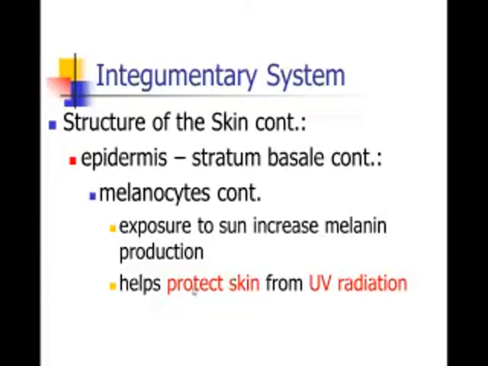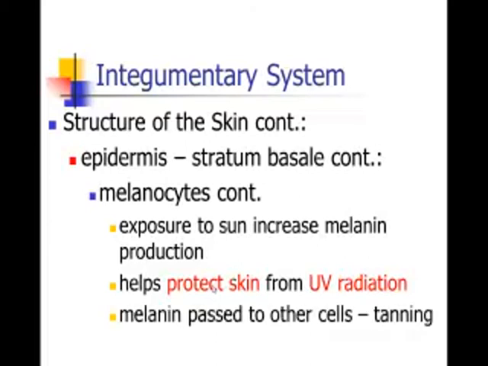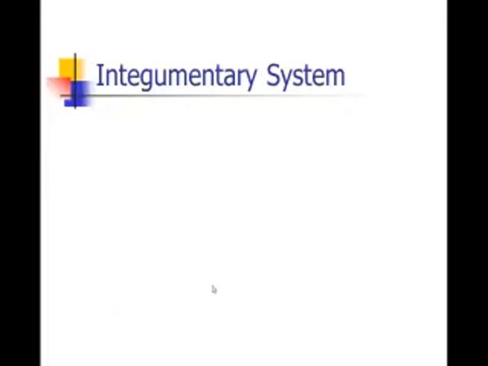UV stands for ultraviolet, and some of you are probably aware that ultraviolet radiation is a high energy electromagnetic radiation that can damage your DNA. And if you get enough damage, you end up with skin cancer. We're actually going to talk about skin cancer a little bit later in this lecture. The melanin is going to be passed to other cells from the melanocytes, and this is the process of tanning. And I'm sure all of you are familiar with that.